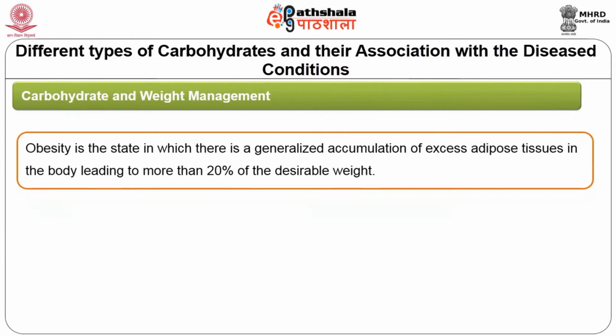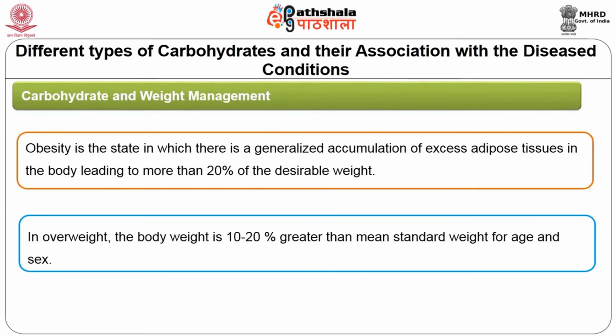Obesity is the state in which there is a generalized accumulation of excessive adipose tissue in the body, leading to more than 20% of desirable weight, and in overweight the body weight is 10 to 20% greater than mean standard weight for age and sex.